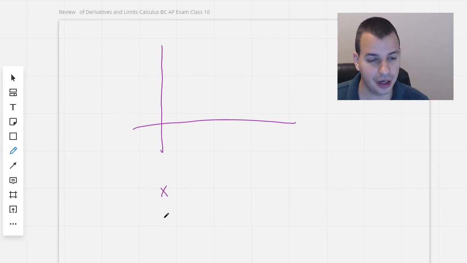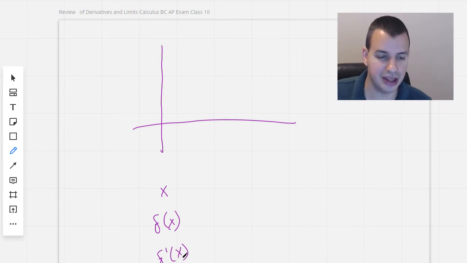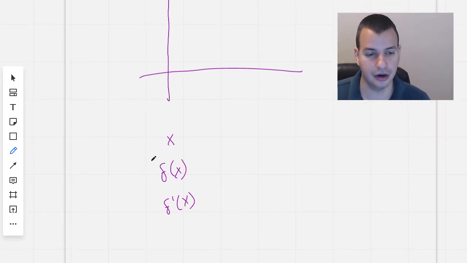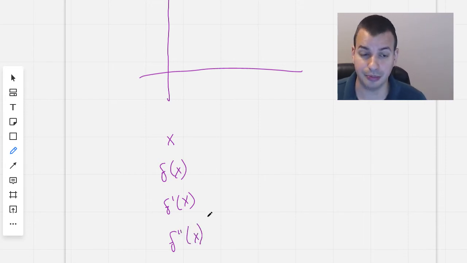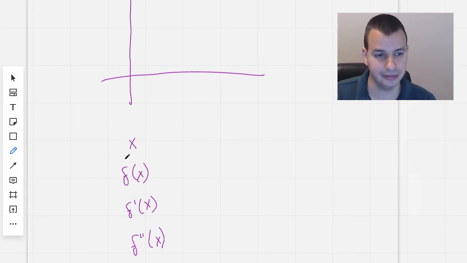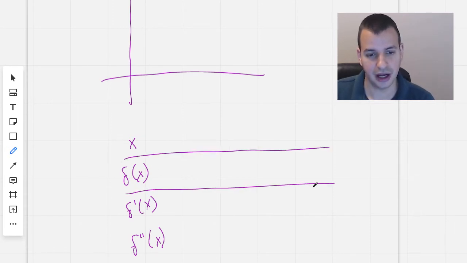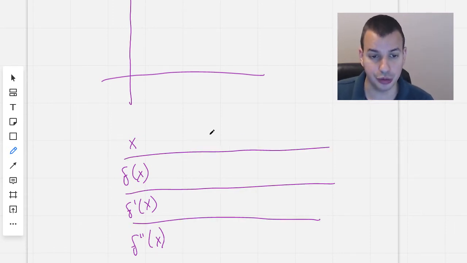So what I usually do is I write f of x, f prime of x, and then depending on what they're asking for, maximums, minimums, or even concavity, I'll do f prime of x. And it's easy to write these out. What you do then is you find the roots.